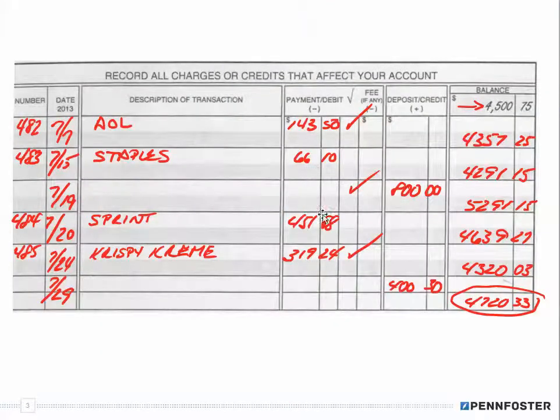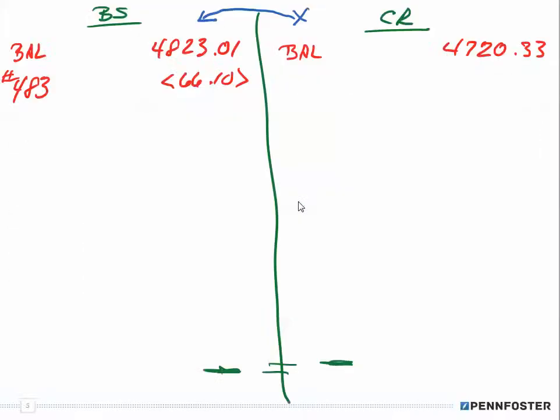And then I come up and I look down and I see I have check number 484 for 451.88. Okay, that needs to go on. Check 484 for 451.88. Okay. Now, these are all deductions, right? I do all of my deductions first, and then I do all of my additions second.